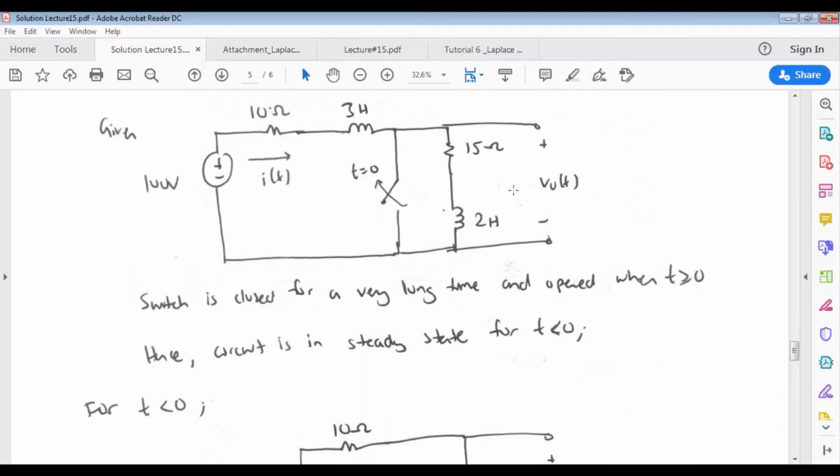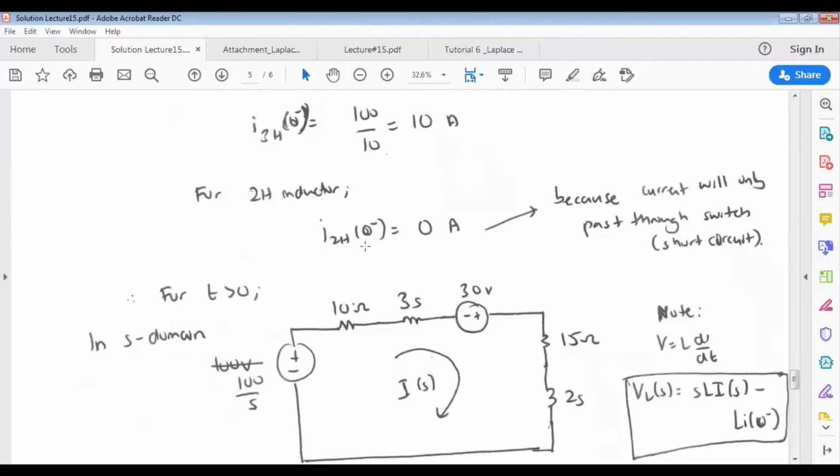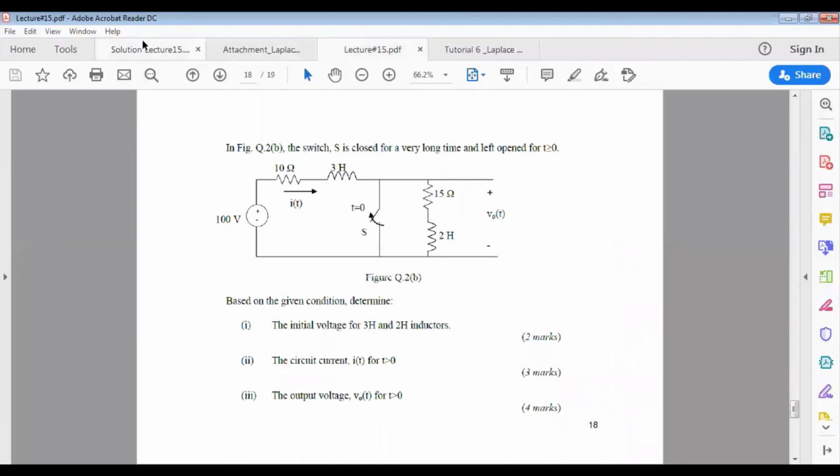Because there's no current in this particular path, we can say that the initial current for the 2 Henry inductor is 0. So the initial current for 3 Henry is 10 ampere, and the initial current for 2 Henry is 0. Hopefully you understand the calculation of the initial current for both the 3 Henry and 2 Henry inductors.